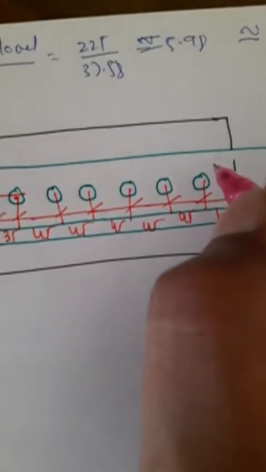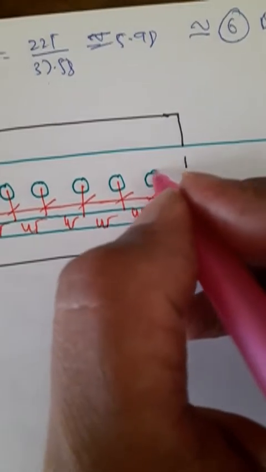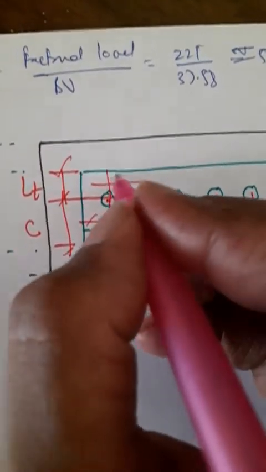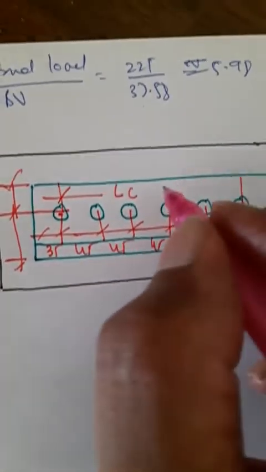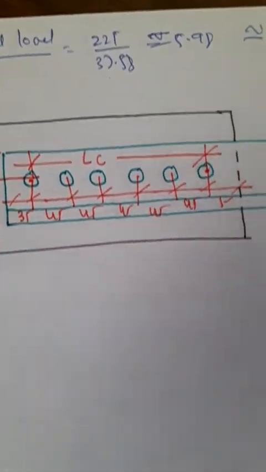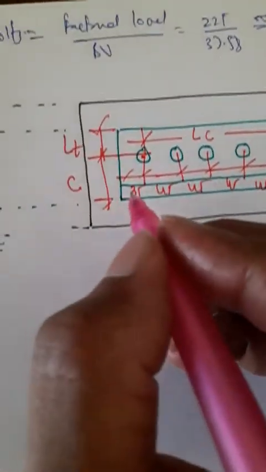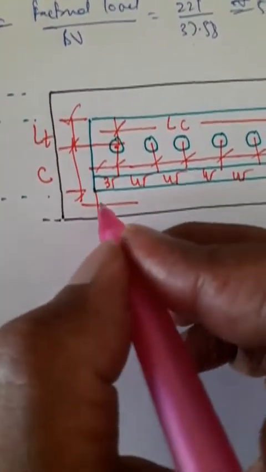Now this value from this extreme bolt end to this bolt center, this is nothing but Lc, center to center of the extreme bolts. This value, center of this bolt to this edge, is Lv.